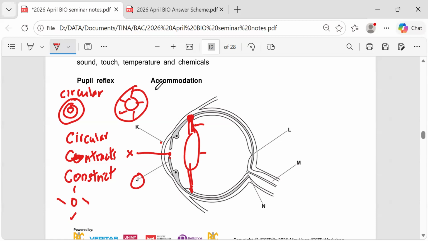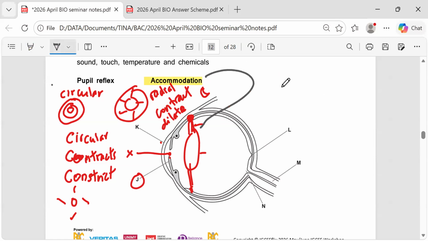The radial is just the other way around. When the radial muscle contracts, it causes the pupil to dilate. This is in dim light. None of this is accommodation. Accommodation is something totally different.